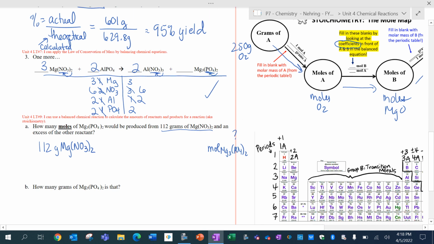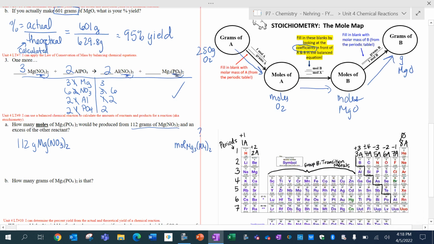If I look at my mole map, I'm going to erase this one and put a new problem up here. This time I am starting with grams of magnesium nitrate, and I'm trying to find moles of magnesium phosphate.